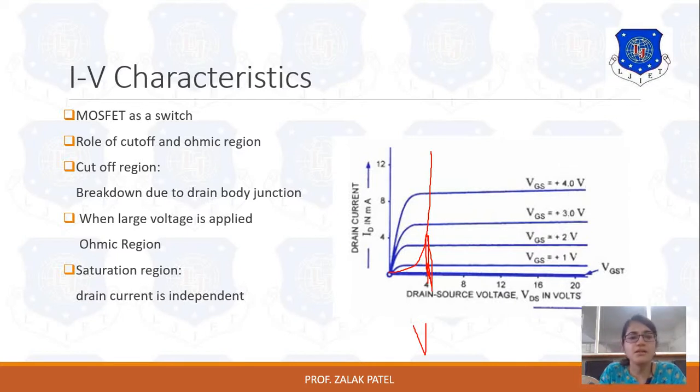These are the IV characteristics of power MOSFET. It can be operated in the cut-off region or turn-off state, in the ohmic region or turn-on state, and in the saturation region, where the drain current is independent of VDS.